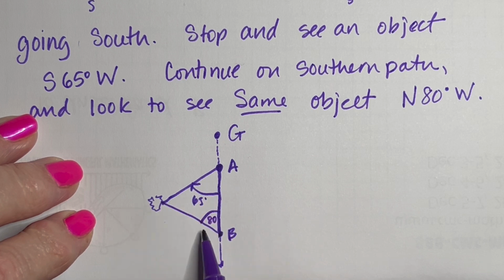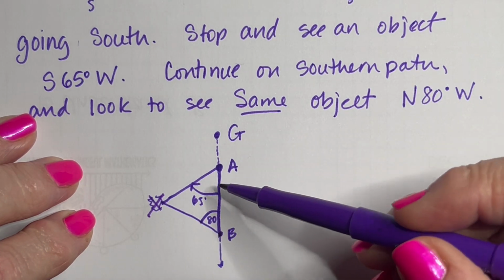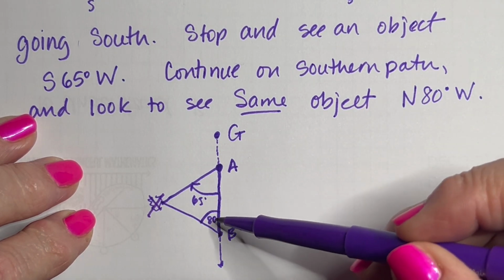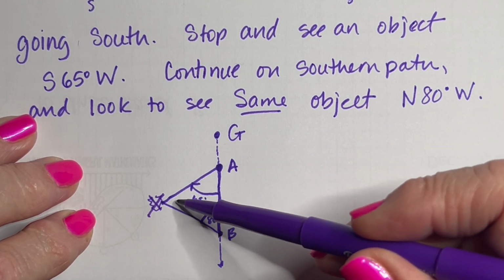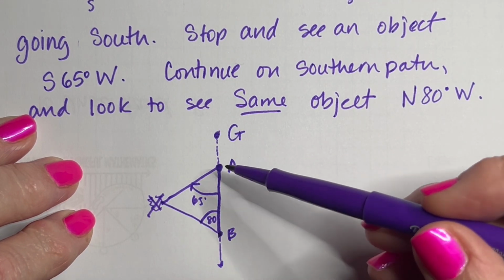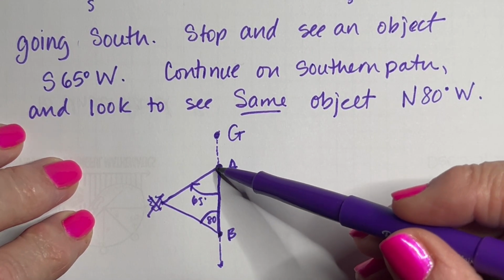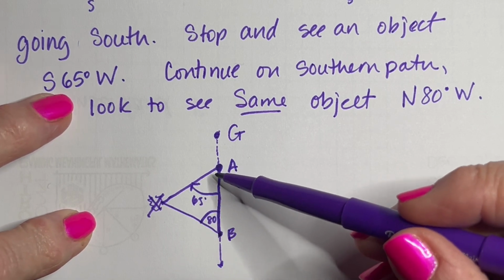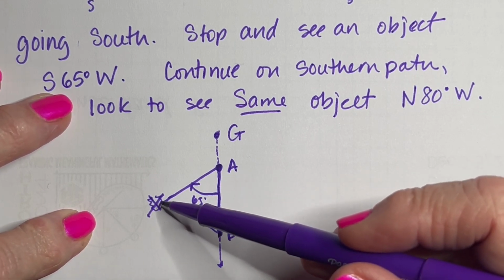If you look at this, what's happened is this object right here, which I will call point X, we've created a triangle where this angle is 65 degrees, this angle is 80, and then we can figure out the third angle.